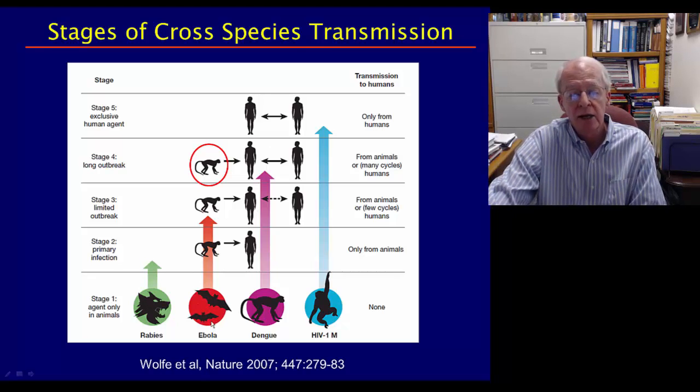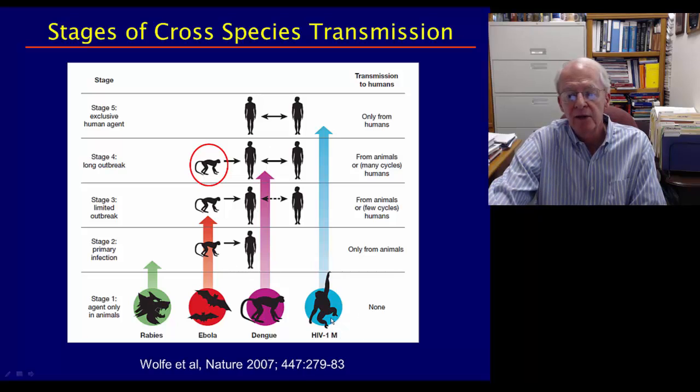Now, if you move to the right, you see Ebola, which at the time this slide was made, was felt to be associated with primary infection and then limited outbreaks, so-called stage 3. However, the ongoing severe global threat posed by Ebola hemorrhagic fever in West Africa has changed this in the sense that Ebola in that setting is now responsible for a stage 4 long outbreak of disease.